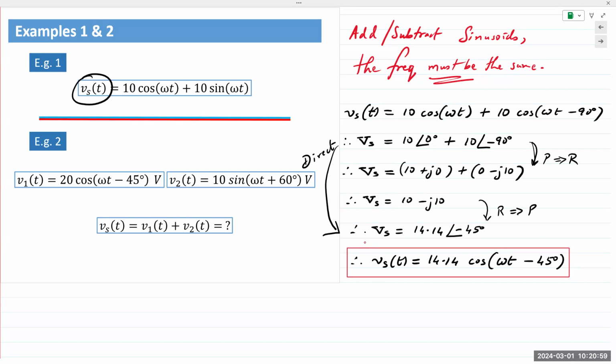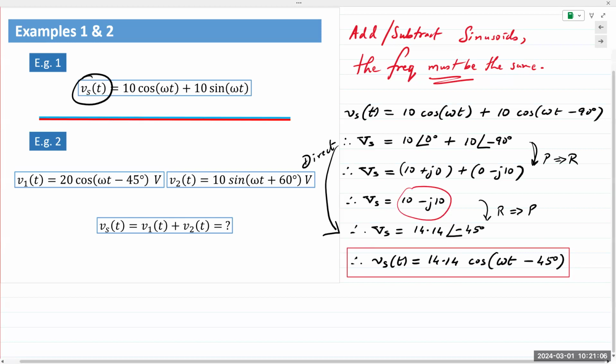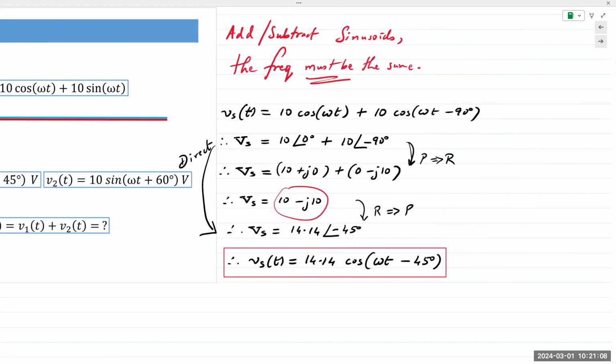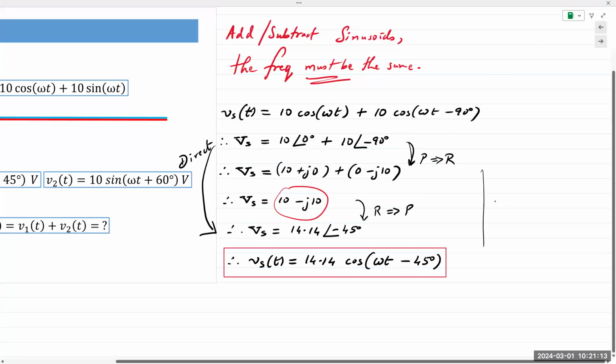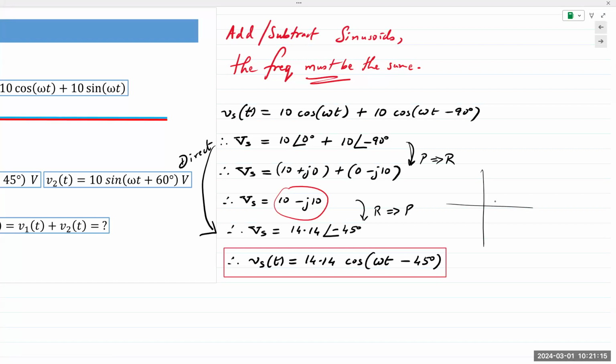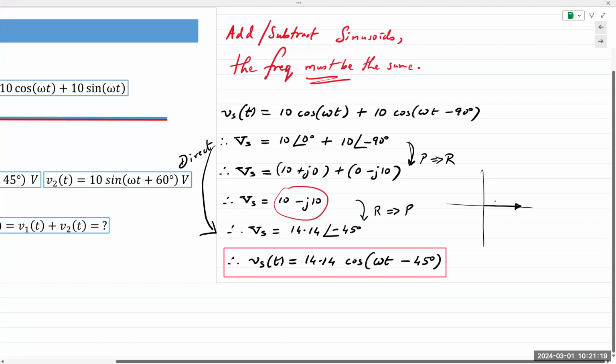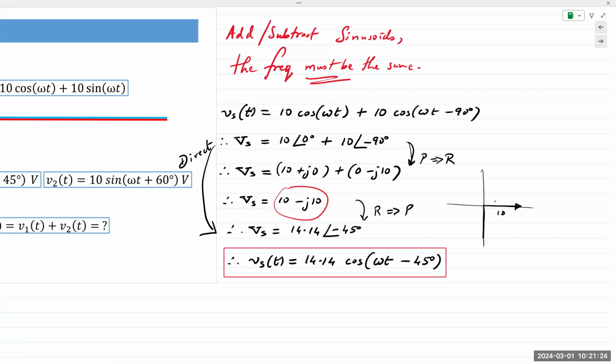So it's 14.14. That's the peak value of this waveform. It's a simple explanation on the real and imaginary axis. 10, meaning the real component is 10. The imaginary component is minus 10, right? And so if you try to find the phasor for this, you find the intersect, which is right here.